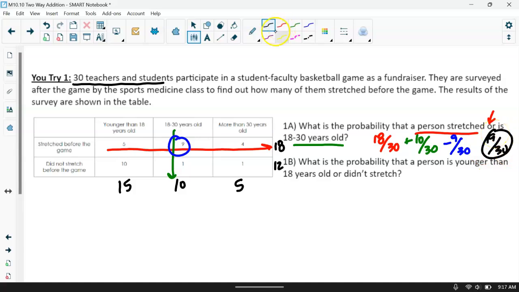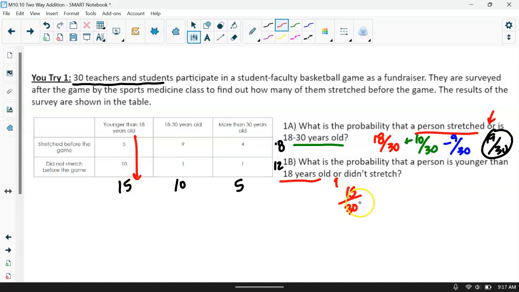Then what is the probability that a person is younger than 18 years old or didn't stretch? Younger than 18, there are 15 out of the 30, or didn't stretch, which is 12 out of the 30.